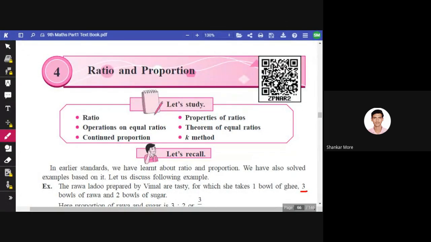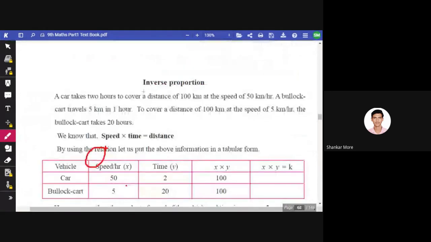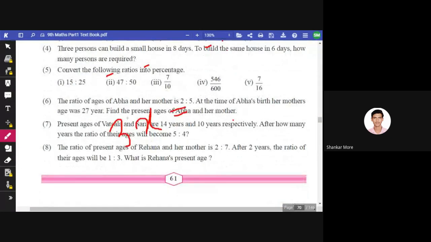So I guess in the last class we started a new chapter, ratio and proportion, right? And we solved a few examples from this chapter as well. So let us continue from where we left off. Can anybody tell me what was the last portion that we took?